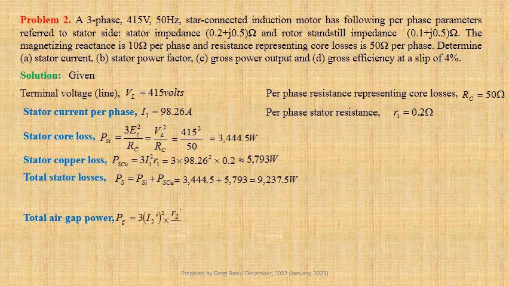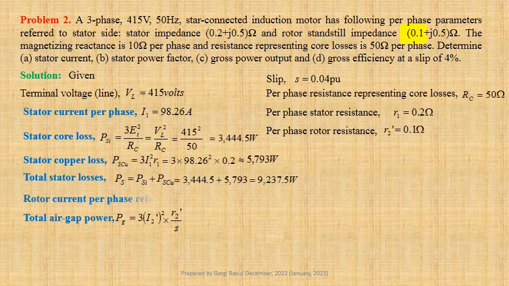For three-phase induction motor, expression for total air gap power Pg equals 3 times I2' squared into R2' by S. Given per phase rotor resistance referred to stator side R2' equals 0.1 ohm and slip S equals 0.04 per unit. We have determined rotor current per phase referred to stator side I2' equals 83.21756 ampere.